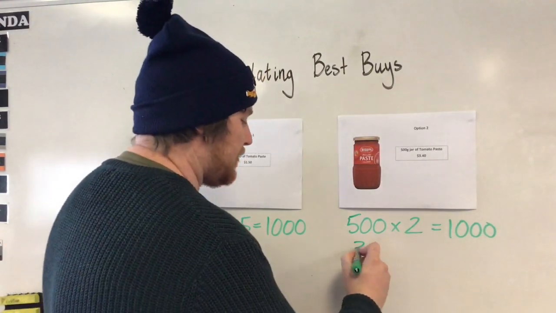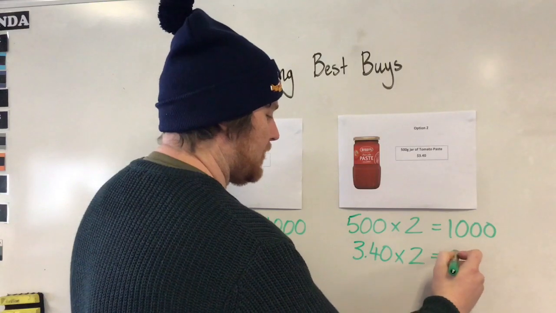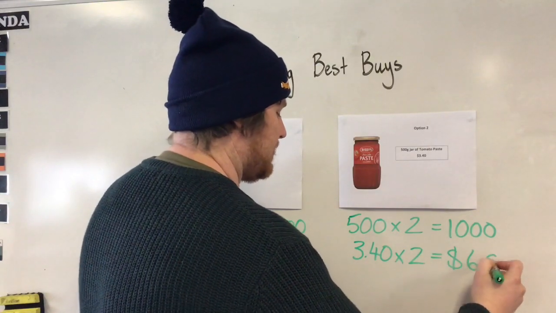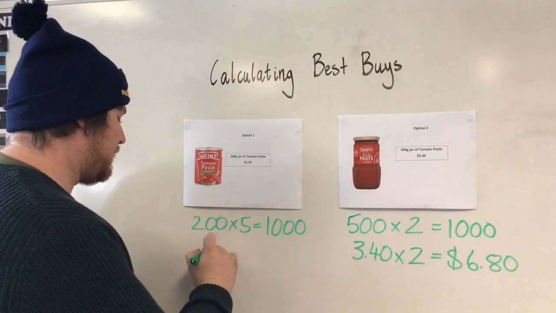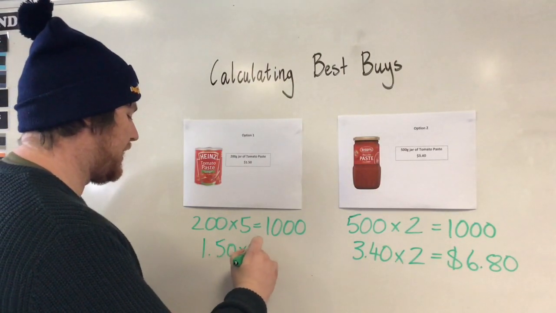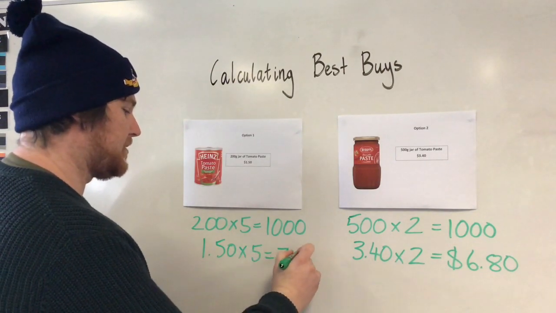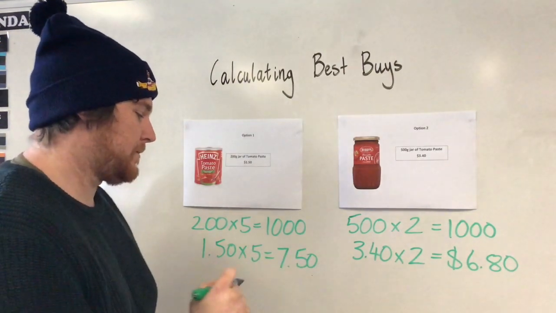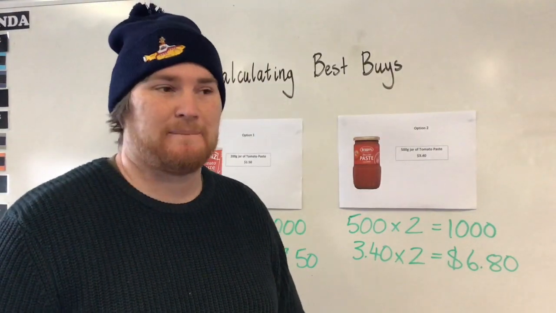So we have $3.40 times 2, which is $6.80. And we have $1.50 times 5, which is $7.50. We can now see which buy is better.